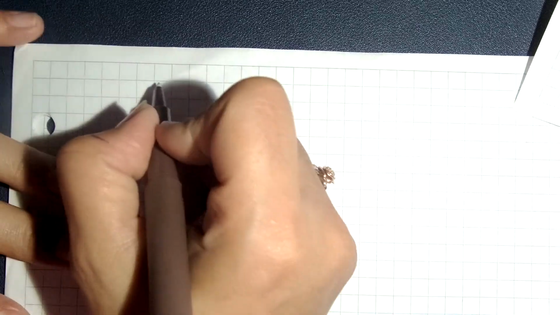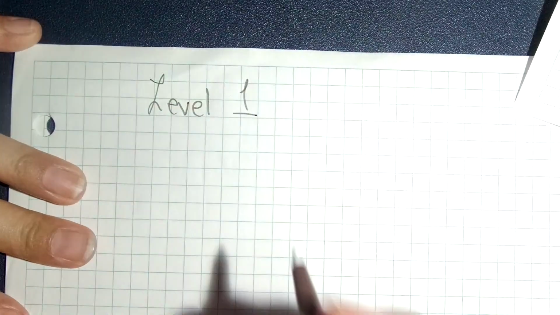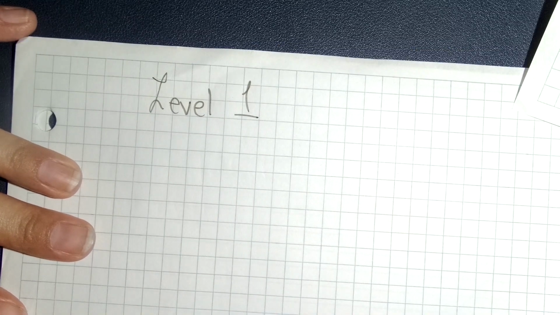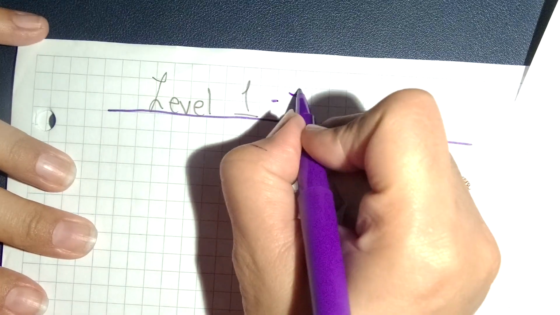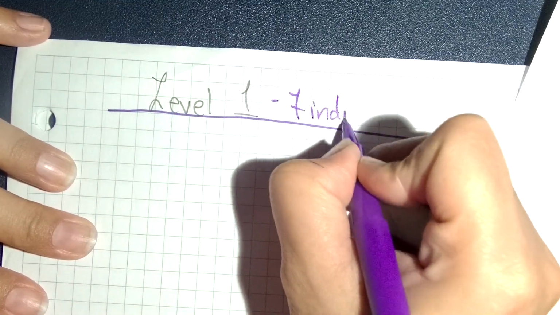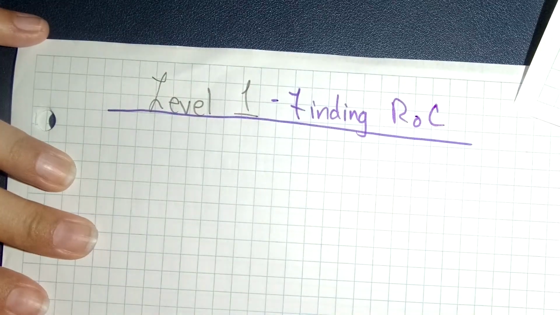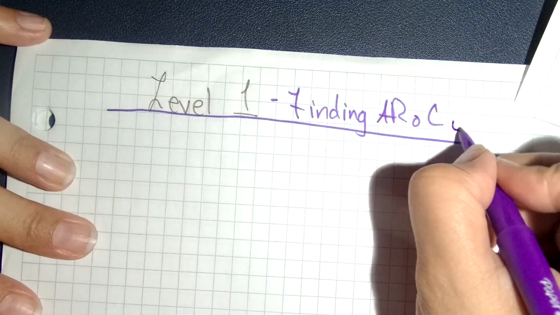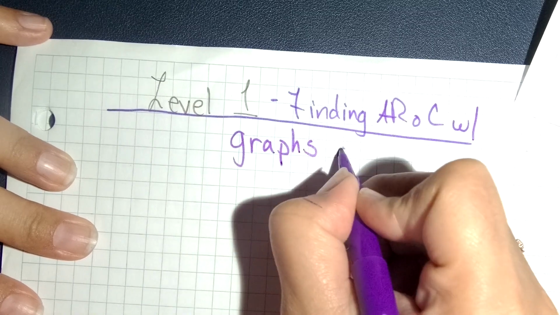Okay. So we're going to talk about level 1 examples. Remember, I'm always going to give you the different ways they can appear on your assessment. So this is level 1. Level 1 is going to be finding average rate of change with graphs or functions.